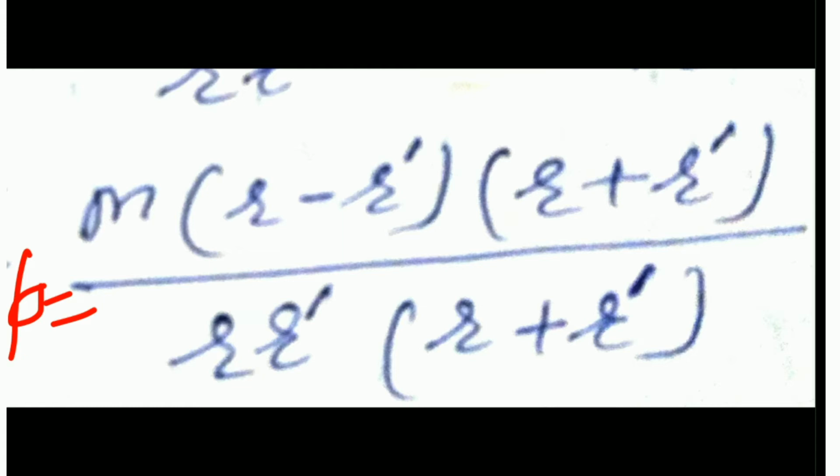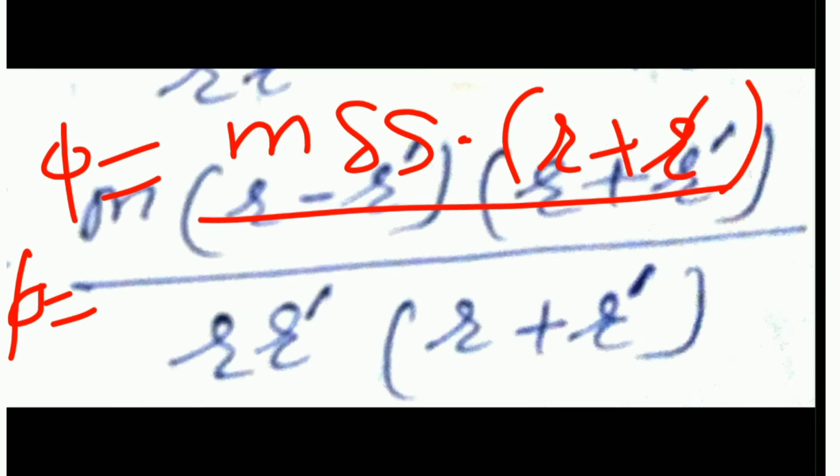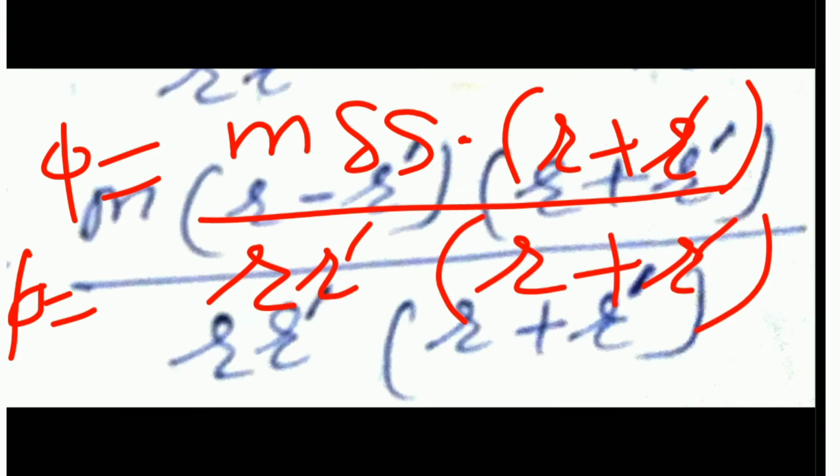This can be written as phi is equal to m delta s into r plus r dash divided by r dash, r plus r dash.